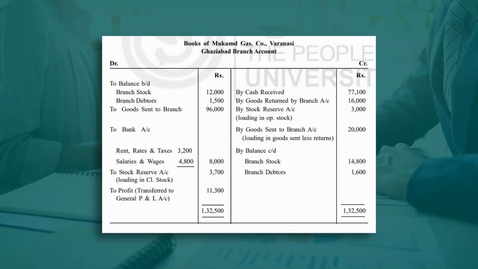So, it means 33.33 divided by 133.33, which is 1/4. So, loading is 1/4. Our opening stock is 12,000, so loading will be written on the credit side, that is 3,000. You can check it here, yes, by stock reserve, this is the loading amount on opening stock, that is 3,000.